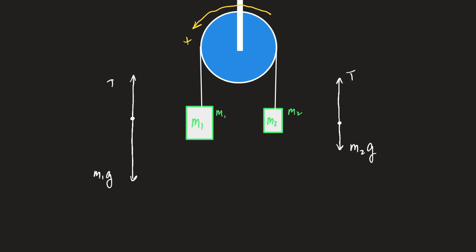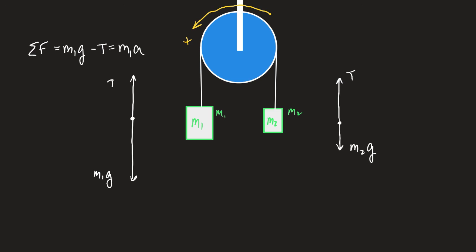Now, it shouldn't be too much work for us to consider what Newton's second law should look like for each of these masses. Right, net force. I'm choosing downwards to be positive on mass 1 because it's going to accelerate downwards. So M1G downwards minus tension upwards equals M1A.